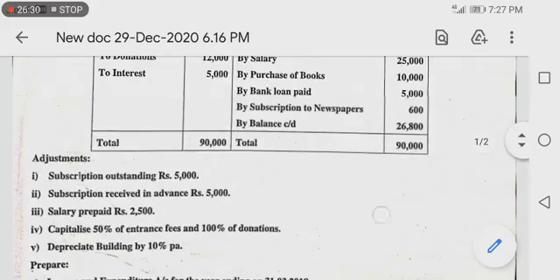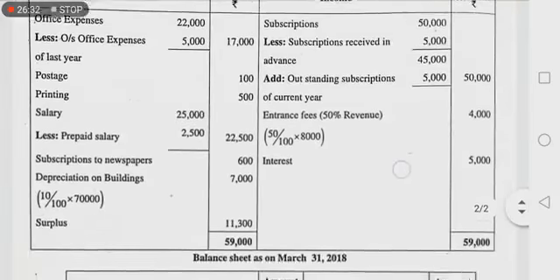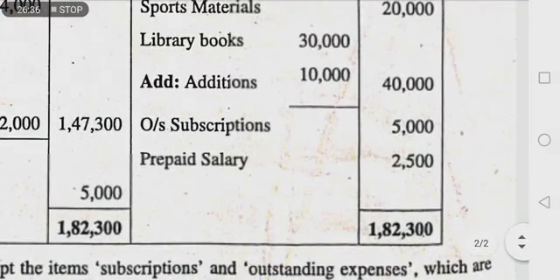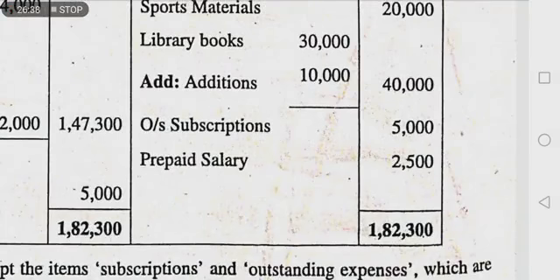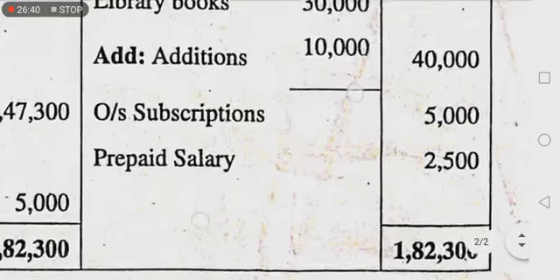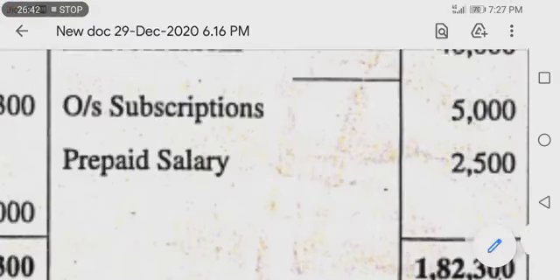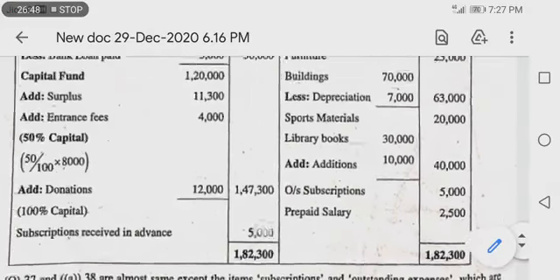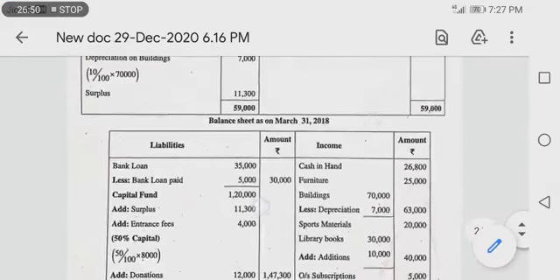So this outstanding subscription should be recorded under the asset side. You can see under the asset side in the new balance sheet, we have recorded the outstanding subscription 5,000 as it is yet to be received and treated as accrued income. That's why it is recorded under the asset side.